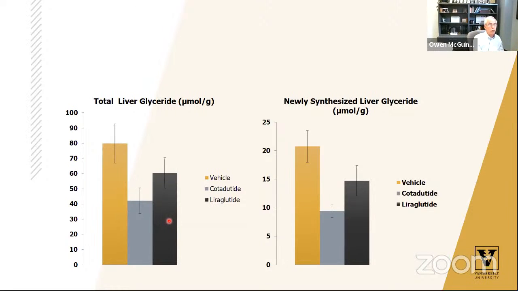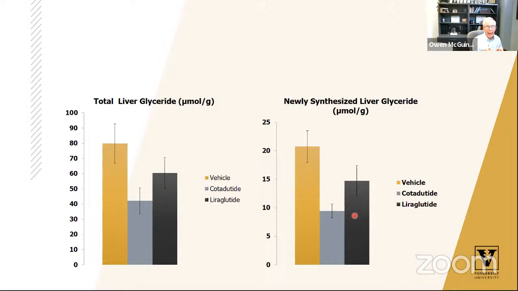So this pool is rapidly turning over, churning out lipids and packaging it and sending out of the liver, some of which is staying. We're only looking at what stayed in the liver. And what you can see is that this newly synthesized glyceride was also low. So the liver had less palmitate and less glyceride, but similar DNL.